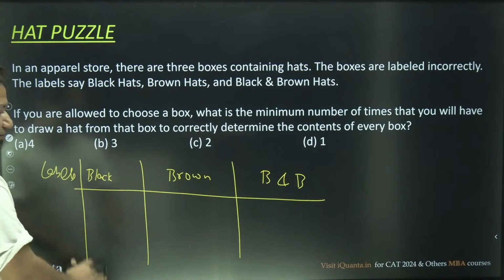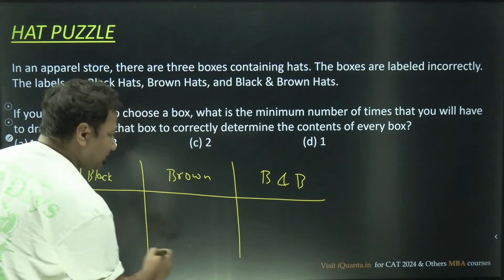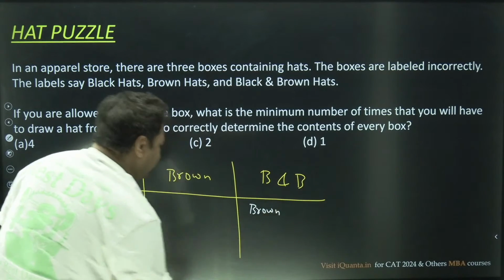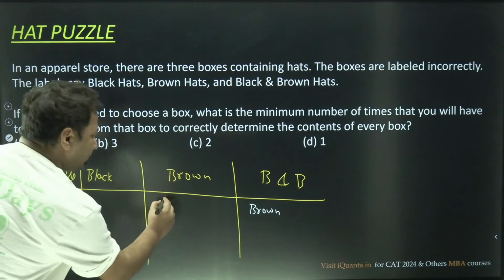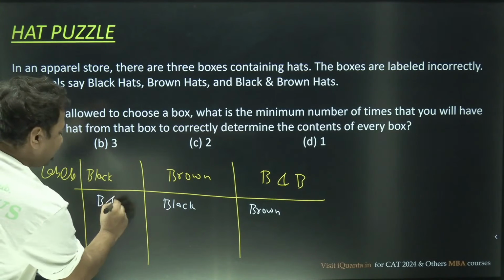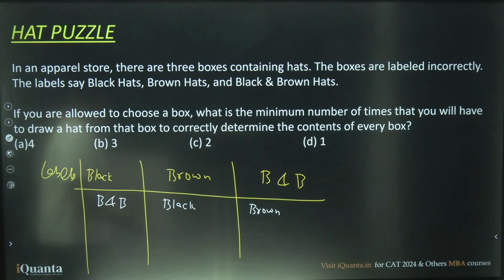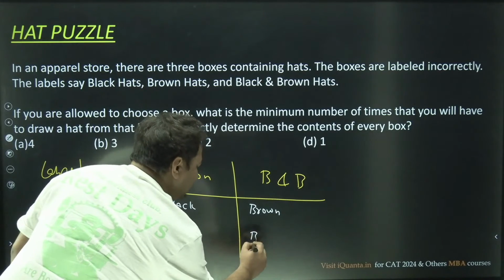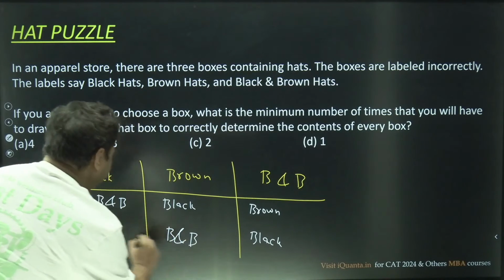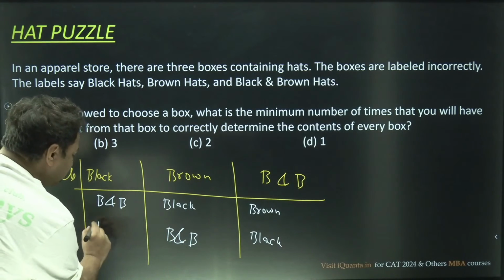If I assume that this one is brown and this one is black and this one is black and brown, okay? ठीक है? क्या पता ये हो अंदर? The other possibility is this one was black, this one was black and brown, and this one was brown.